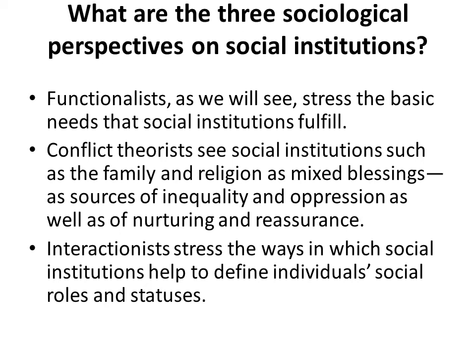Well, there are three sociological perspectives on social institutions' function, and we'll study this as we go along. Functionalists stress the basic needs that social institutions fulfill. That's what they do.